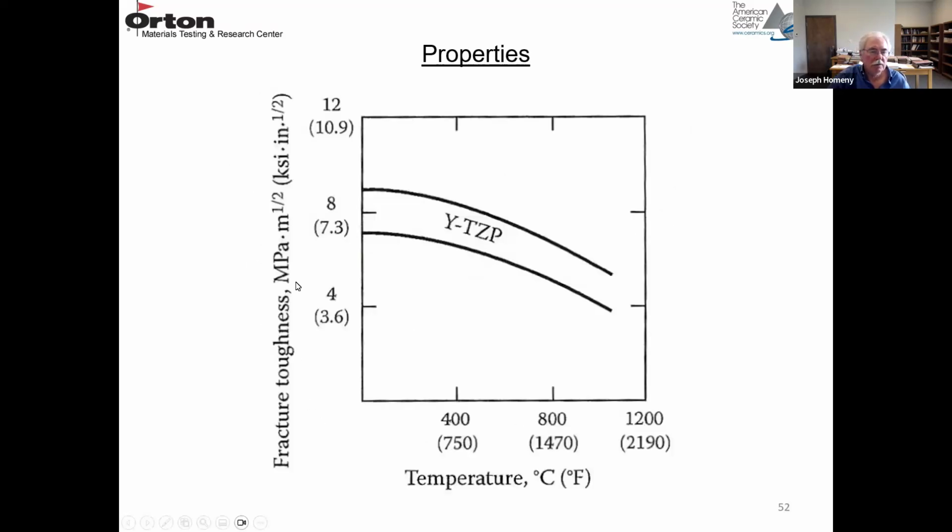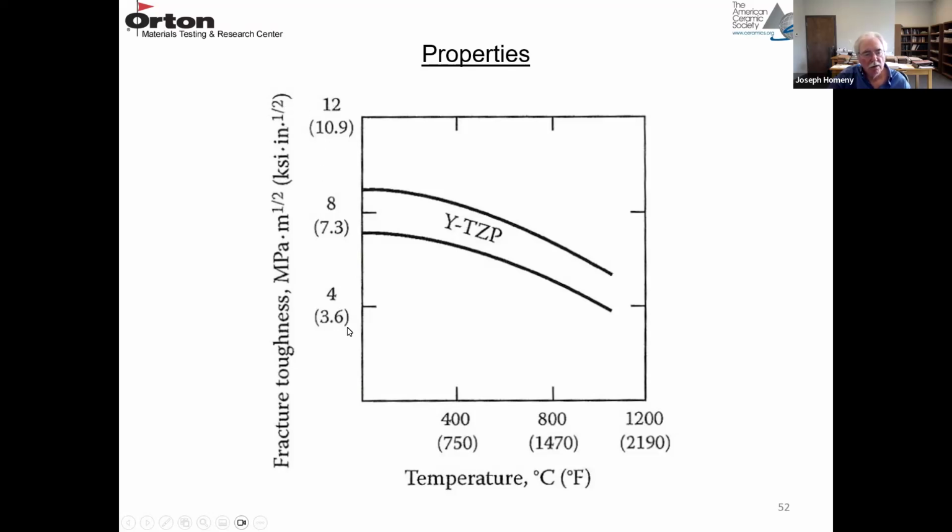And then this is fracture toughness in megapascal square root of meters or KSI square root of inches. And this goes from 2 to 12, and that's in MPa square root of meters. And also in parentheses is KSI square root of inches.